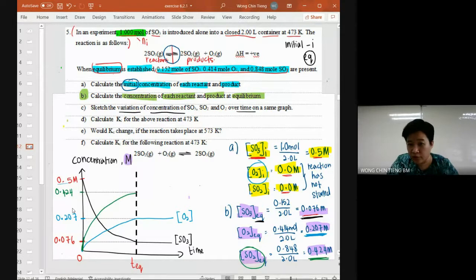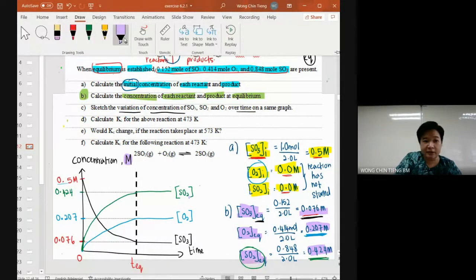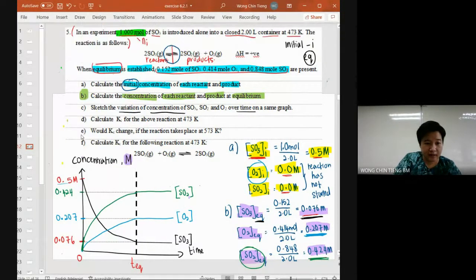No. Okay, sebab dia duduk jauh lebih tinggi berbanding oksigen. Sama, kamu akan naik sehingga 0.424 and then kamu akan ambil pembaris, lukis straight line. That will be my SO2. Make sure this beginning adalah SO2 lebih tinggi berbanding O2. Okay.